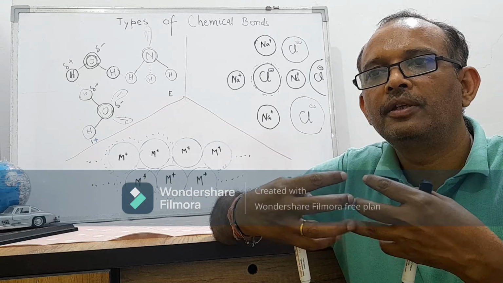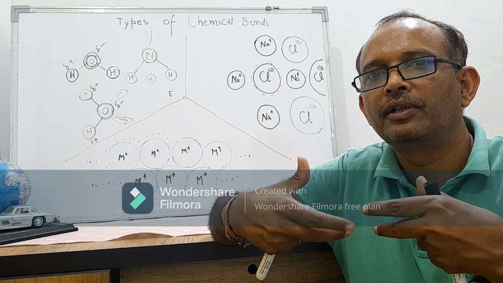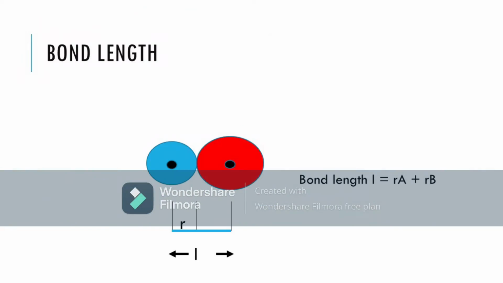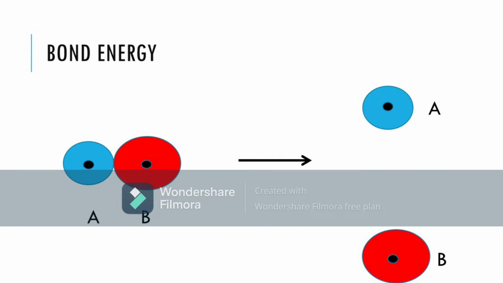From the internuclear distance we can get the atomic radius. The bond length is the internuclear distance, the distance between the nuclei of the atoms forming the bond. Similarly, bond energy is the energy released when the bond is formed, or otherwise the energy required to break the bonded molecule into individual gaseous atoms.